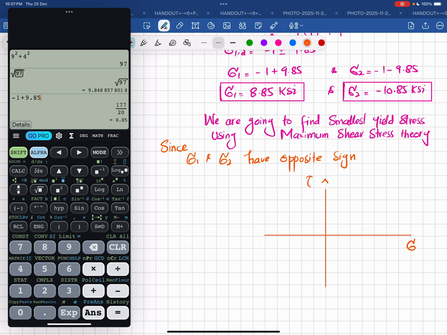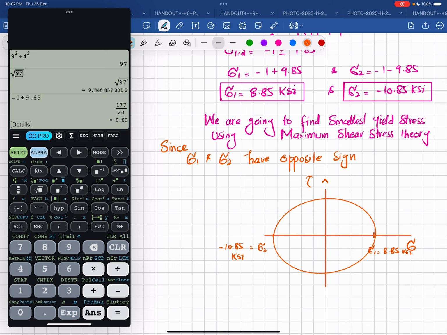So sigma 1 is 8.85 ksi, and this is sigma 2, which is minus 10.85 ksi. If I draw a Mohr circle between them, it will be like this.